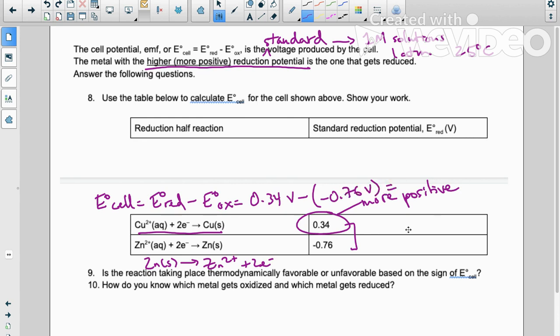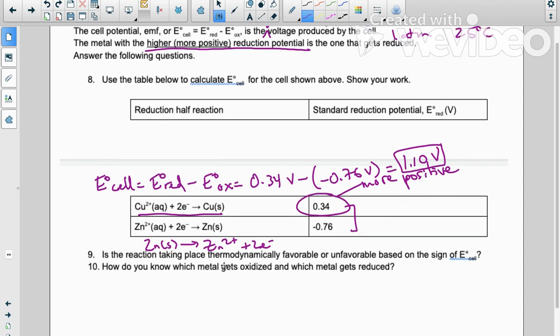When we do the math, we get 1.10 volts. So there's E cell. If we had these at standard solutions, 1 atm, 25 degrees, then we would get 1.10 volts of potential difference from that electrochemical cell.